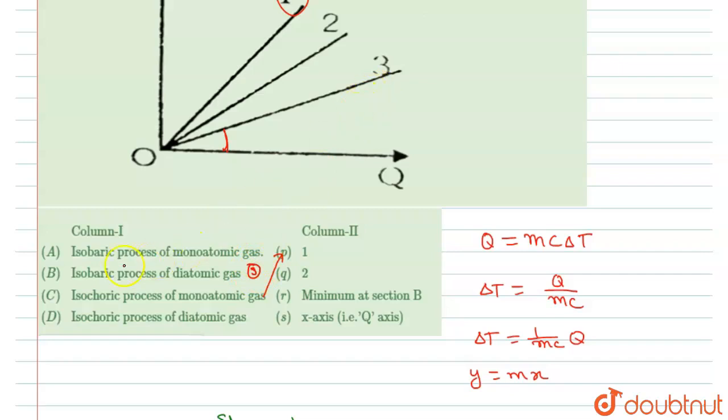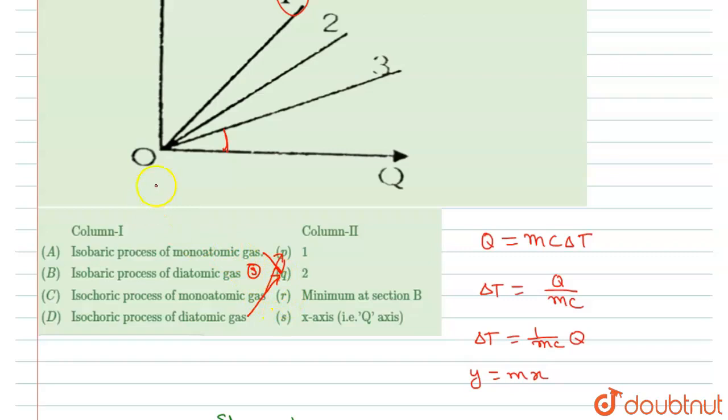For isobaric monoatomic, the value is in between maximum and minimum, so it represents 2. The slope of 2 is between 1 and 3. Now the isochoric process for diatomic gases is the same as isobaric monoatomic, so this also represents 2. So in this way we can match.